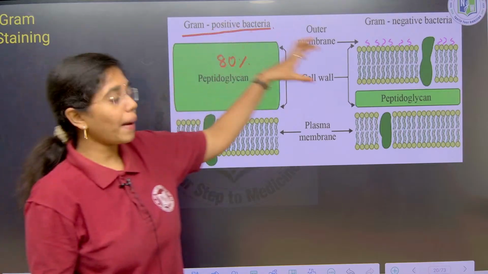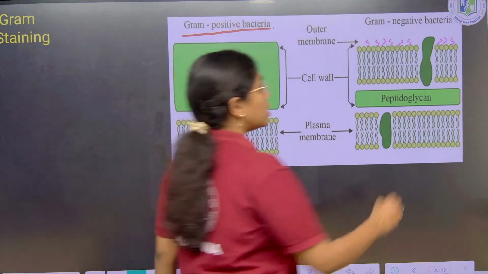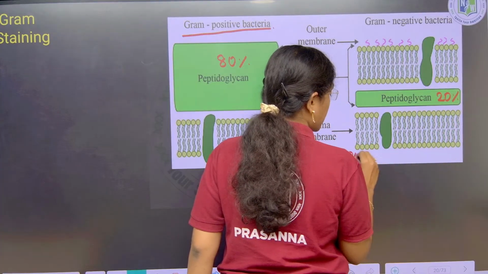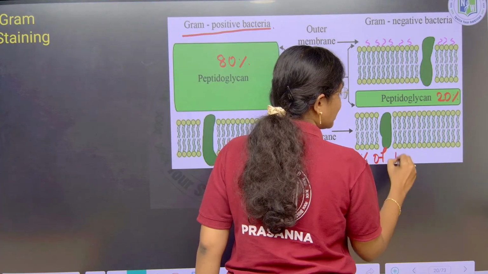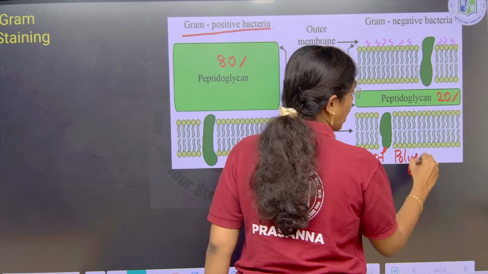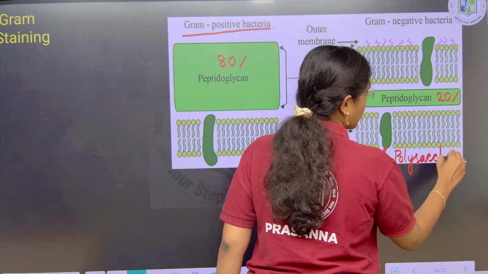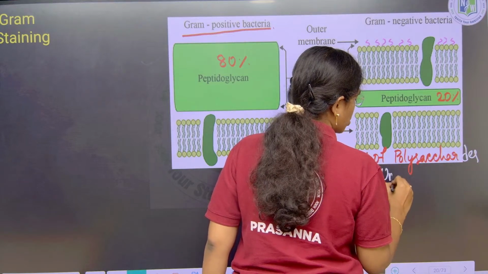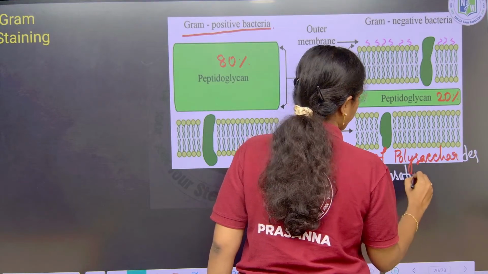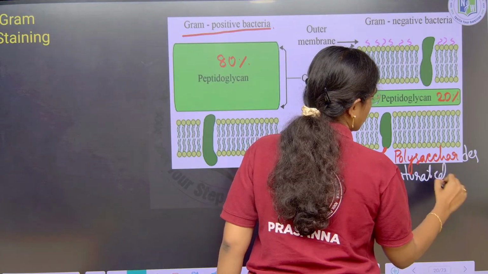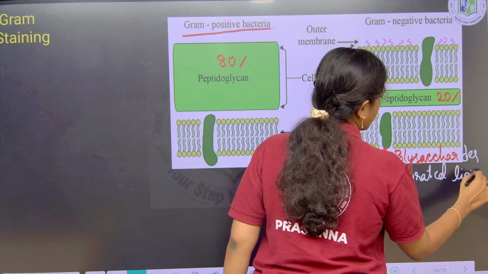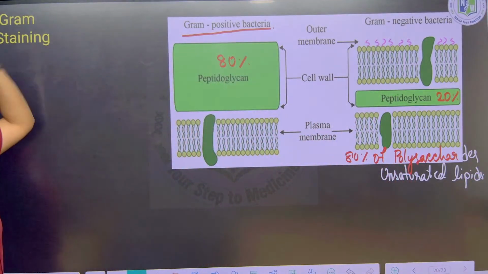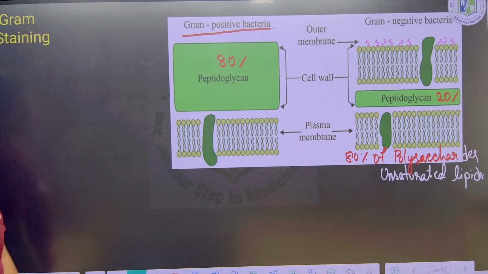Whereas in gram negative bacteria, just 20% peptidoglycan and 80% polysaccharides and unsaturated lipids are present. Got it? This is about gram positive and gram negative bacteria.